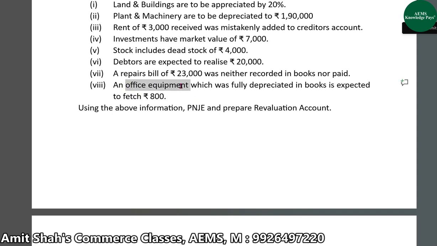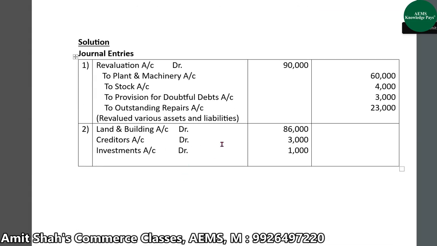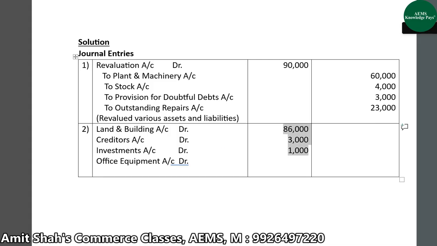We will simply bring it back in our books by debiting office equipment account with rupees 800. And this is an item of profit for us. So here we will debit office equipment account with rupees 800.